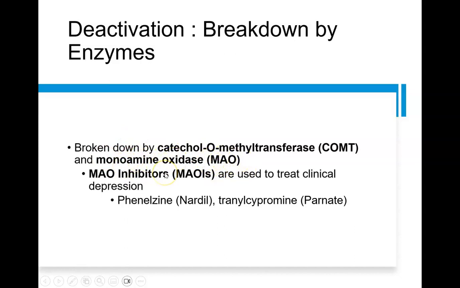For those who may not know, MAO inhibitors may occasionally be used to treat clinical depression. We basically prevent this enzyme from breaking down dopamine, norepinephrine, and serotonin. MAO inhibitors include drugs like phenelzine, which is sold under the trade name Nardil, and tranylcypromine, which is sold under the trade name Parnate.